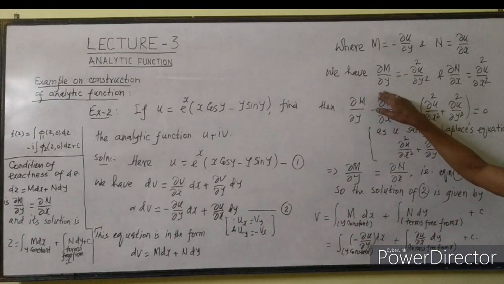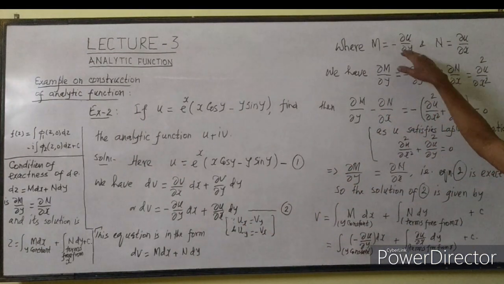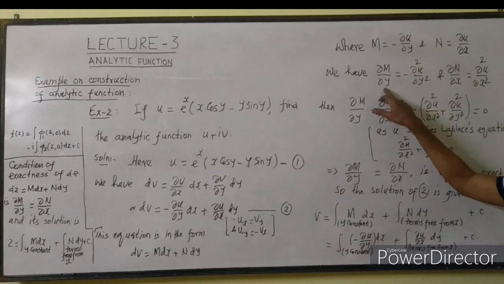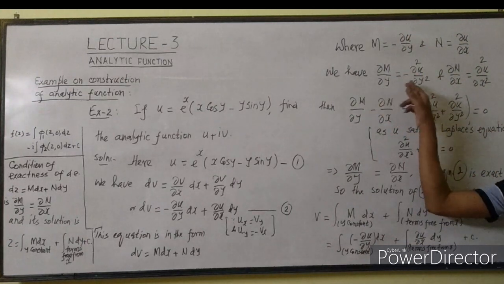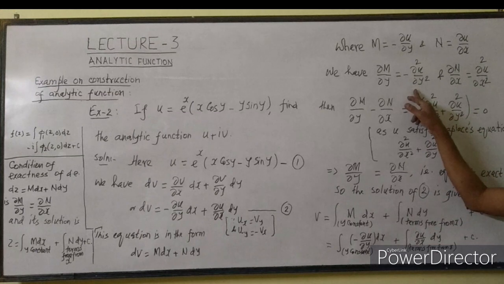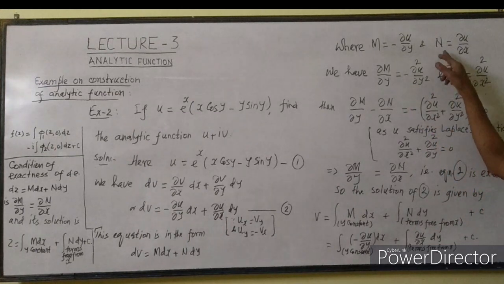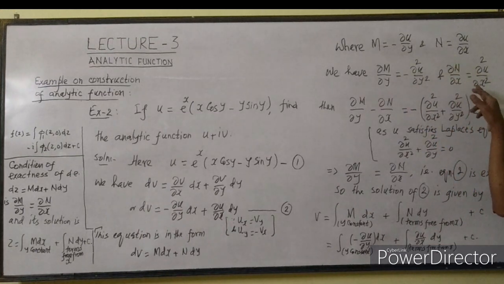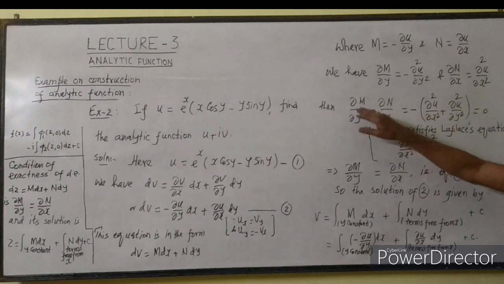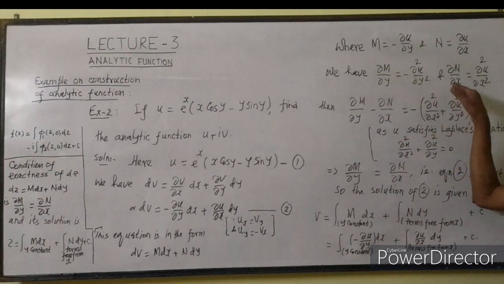We have del M del y, that is the derivative of M partially with respect to y. This will be equal to minus del square u del y square, and del N del x will be equal to del square u del x square. So we are subtracting these two.